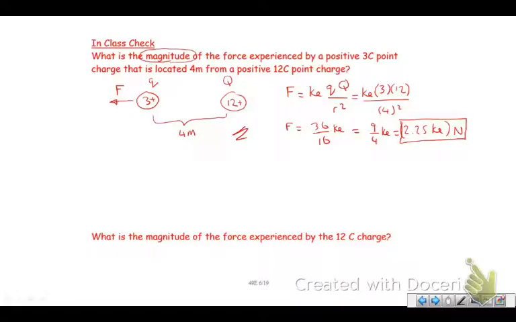So if this is 2.25 Ke newtons in that direction, this force is the same, 2.25 Ke newtons. It's just going to be in the opposite direction. Okay? So not bad. This is just like gravity.